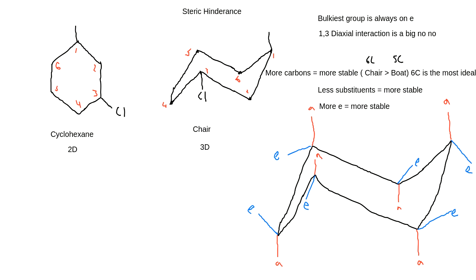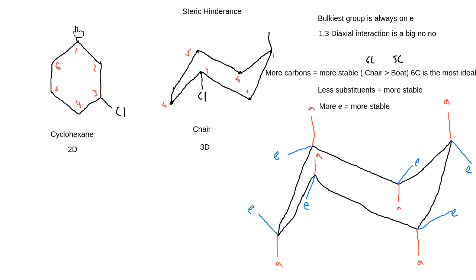I want to talk about 2 templates that you want to use, because before you even determine how to tell whether a chair is stable, you have to convert from a cyclohexane to a chair. That's half the problem. If you don't properly convert from here to here, then you won't be able to answer the question correctly.